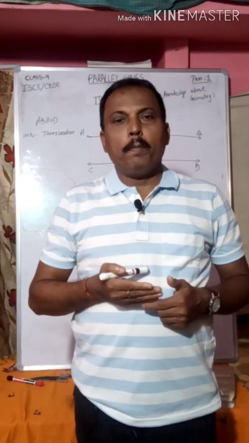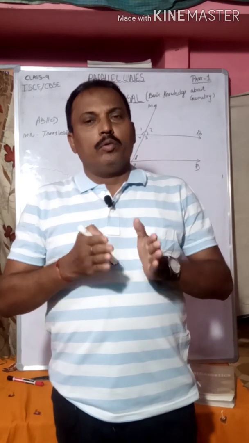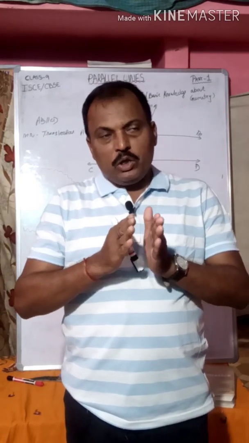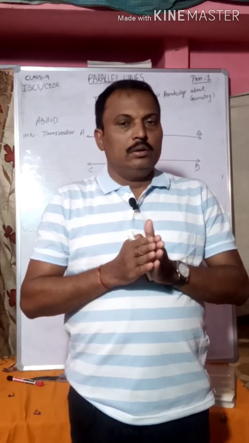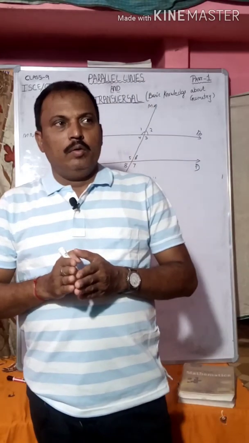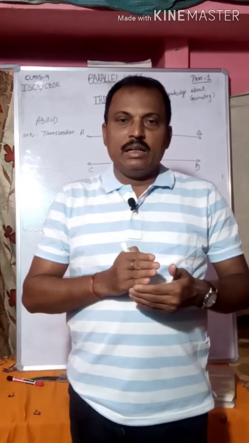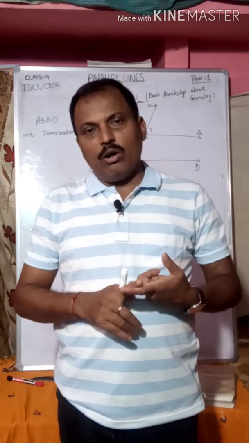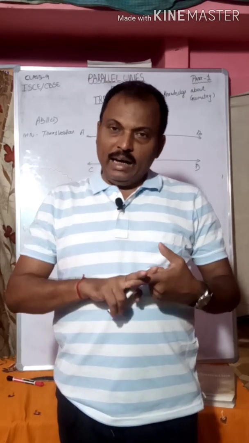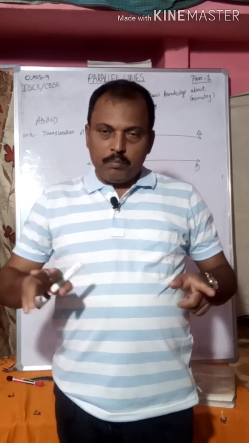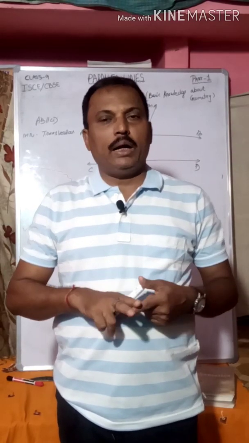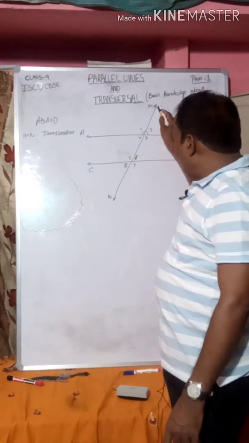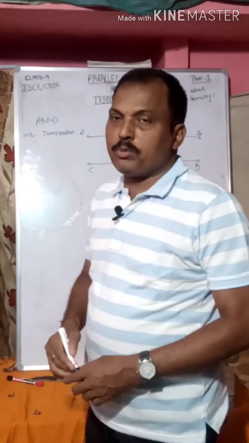You know the parallel lines. Parallel lines are those lines where the distance between the two lines is the same everywhere, as they cannot intersect each other. Two lines that never intersect are called parallel. Then AB and CD are parallel lines, MN is a transversal.